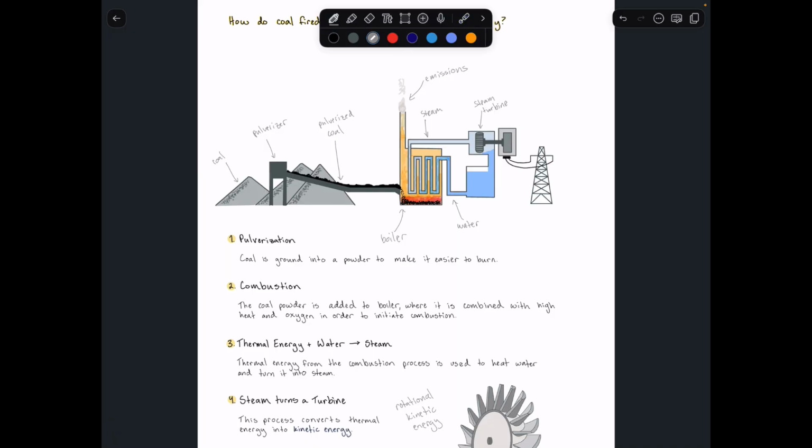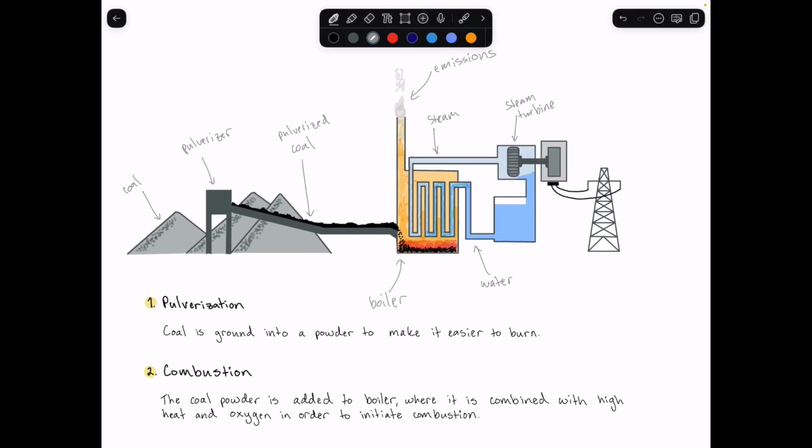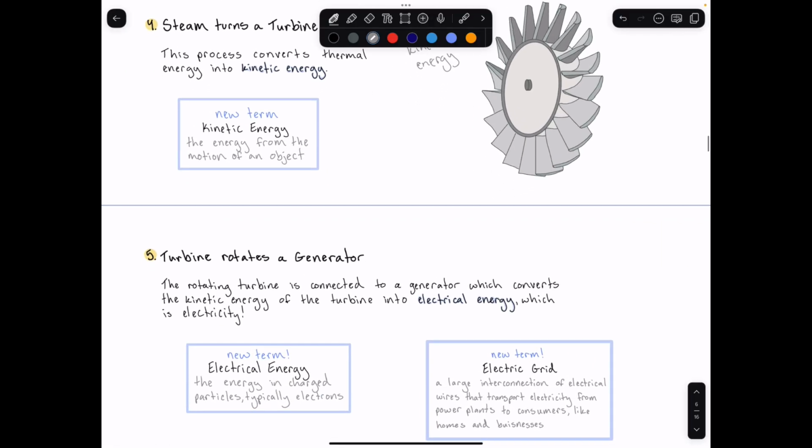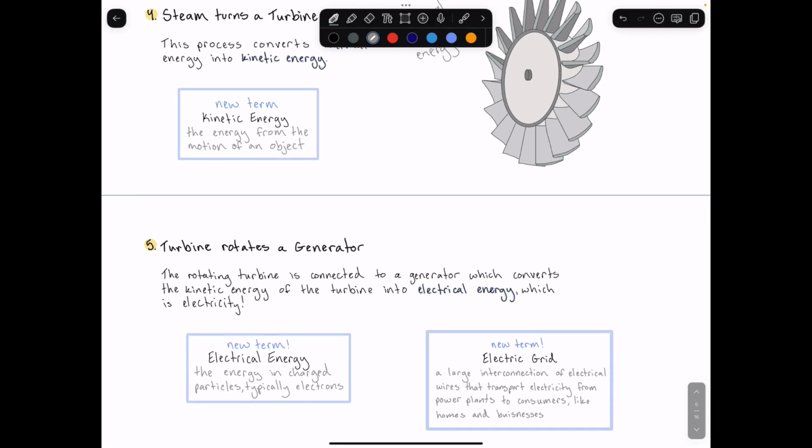And then you can see that the steam turbine is connected to this other thing here, which is called a generator. When the steam turbine is connected to the generator, the generator takes the rotational kinetic energy of the turbine and turns it into electrical energy.